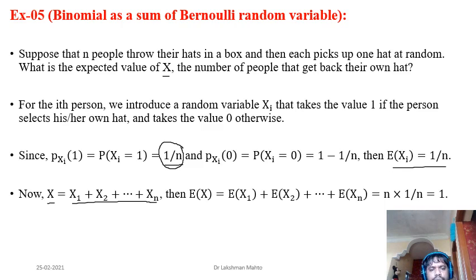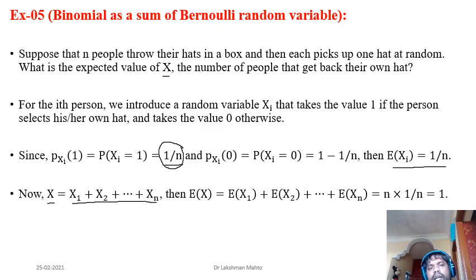So each activity associated with one trial would be independent of the activities happening in other trials. So x1 is independent of x2, x2 is independent of x3, and likewise xn is independent of x1. So pairwise independent, you will observe that.